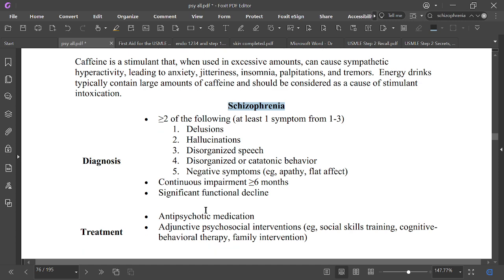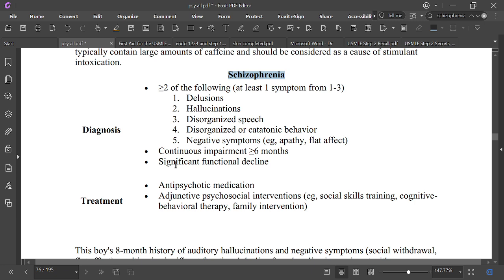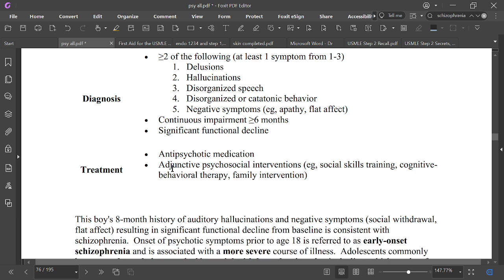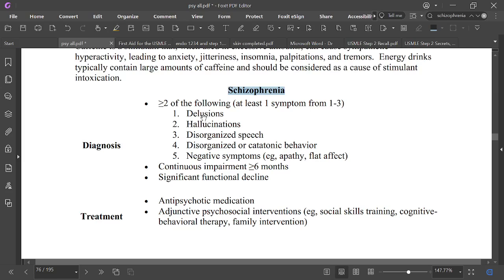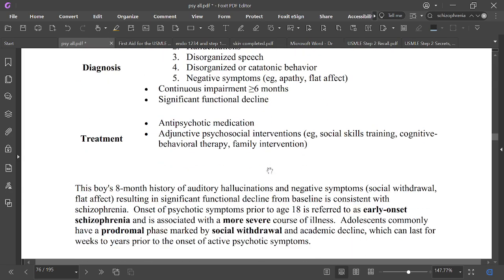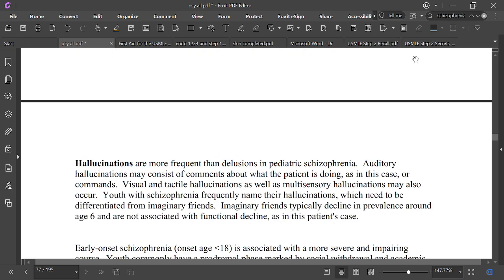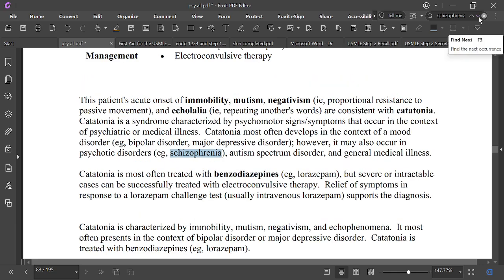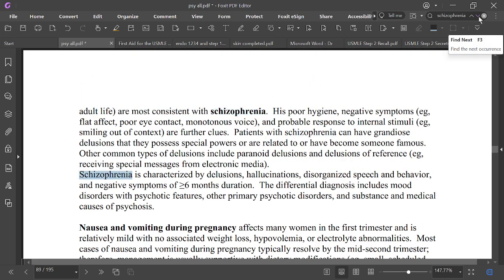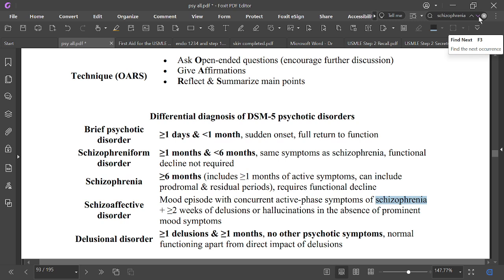Continuous impairment more than 6 months, significant functional decline. Antipsychotic is the drug of choice. Adjunct psychosocial interventions like social skill training, cognitive behavioral therapy, and family intervention should be chosen. For treatment resistant schizophrenia, you should give clozapine.